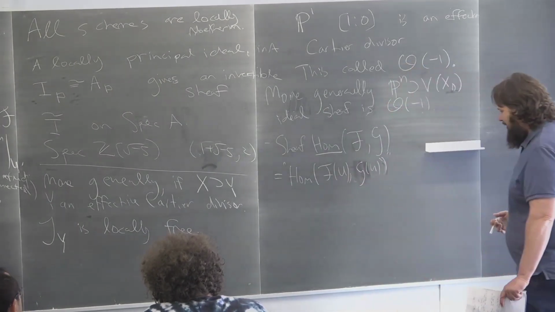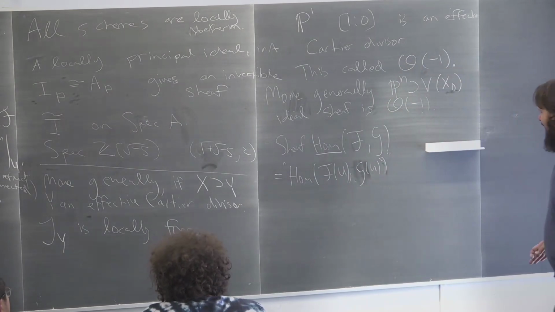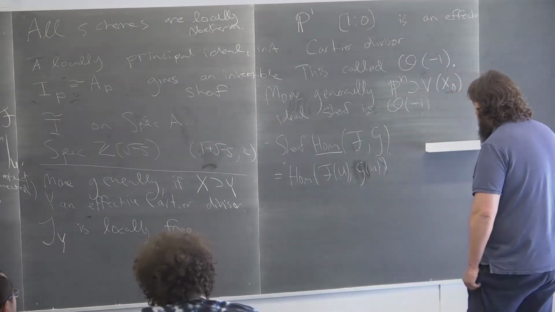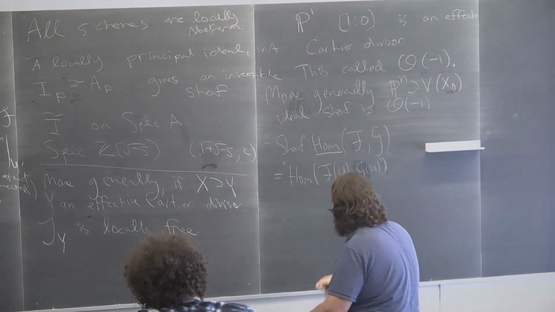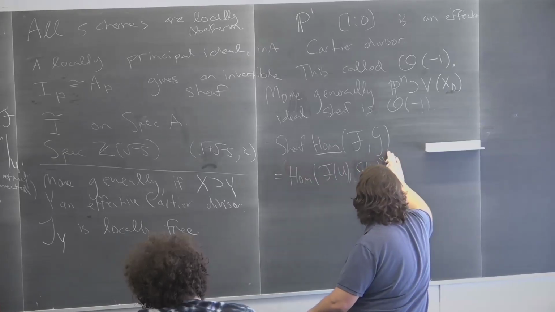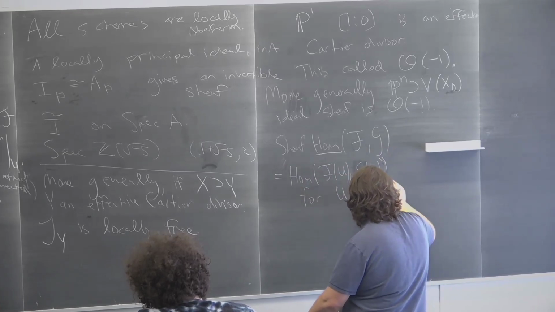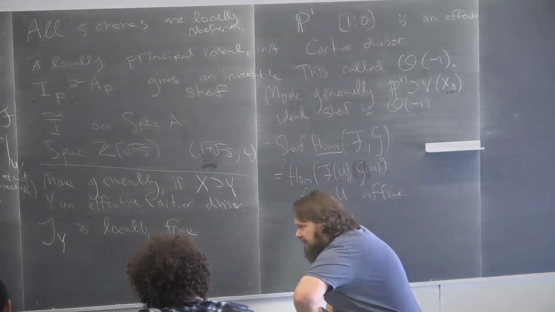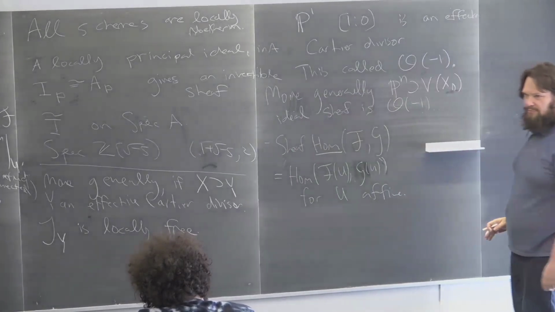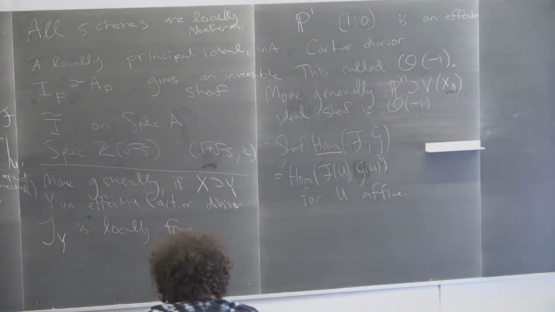So there are various things you could do to make this work. Maybe the easiest one is to say, for U affine, it's hom between the sections. And then for other U's, it's whatever the sheaf condition tells you to glue together.